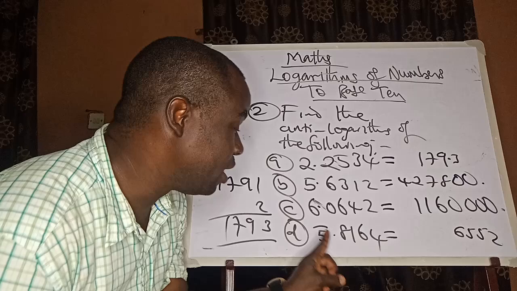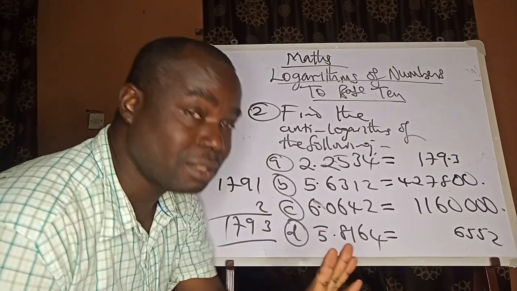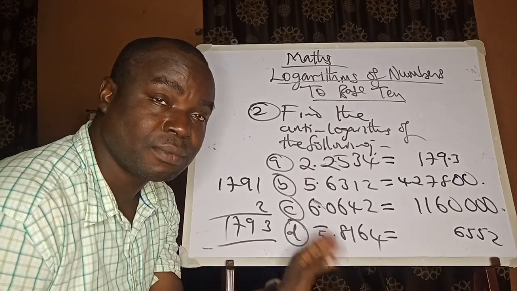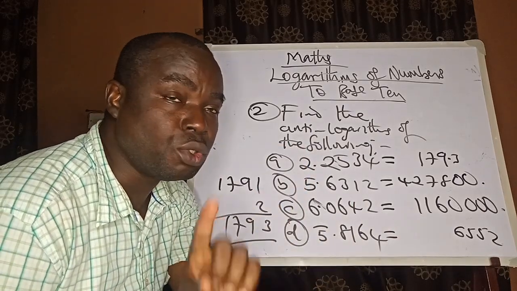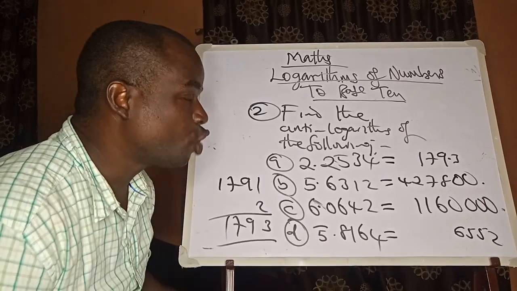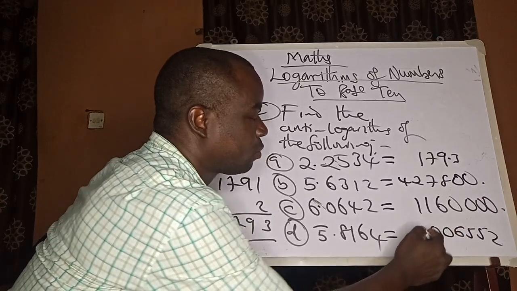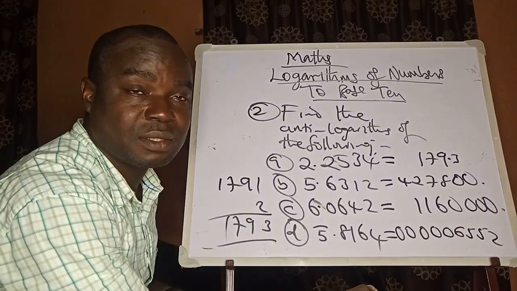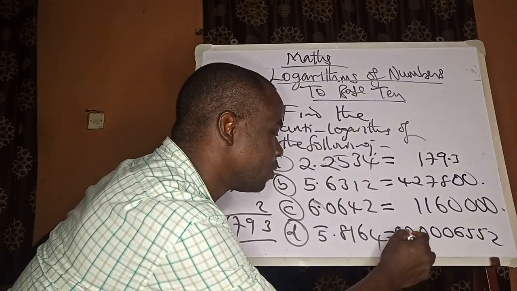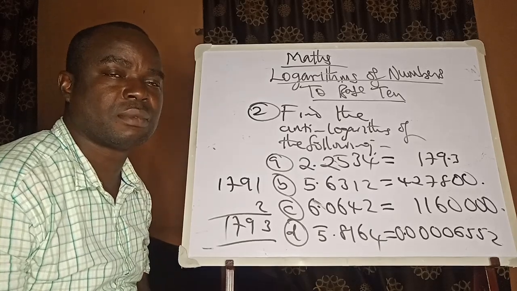If what you have here has a bar, don't add 1 to it. You only add 1 if it is a positive number like this. If it is a negative number, what do you do? The number you have here is what? 5, right? Just put 5 zeros before the number. Have you seen it? Then put the point after the first 0. That's the answer.